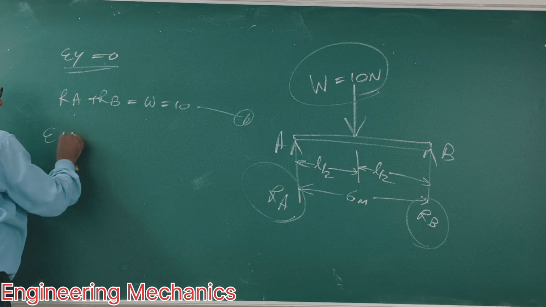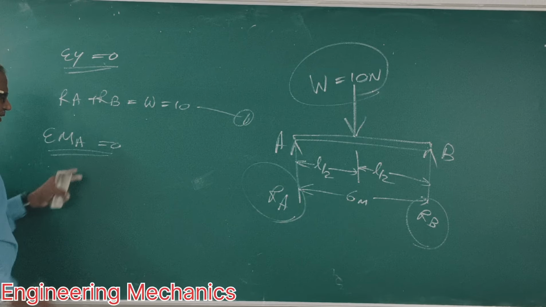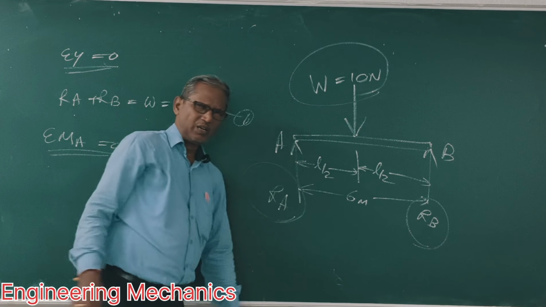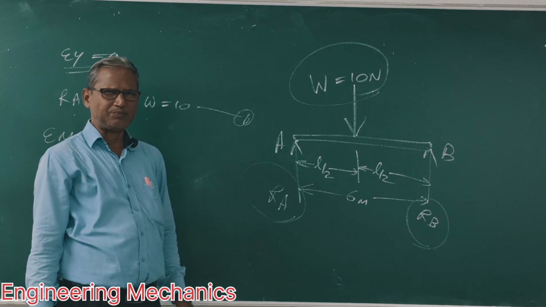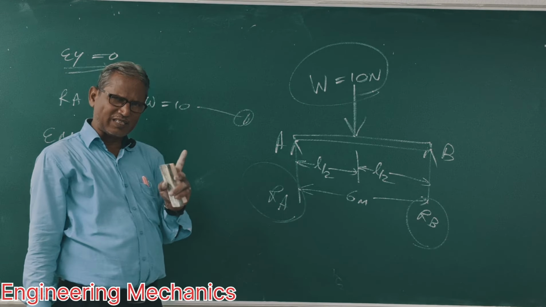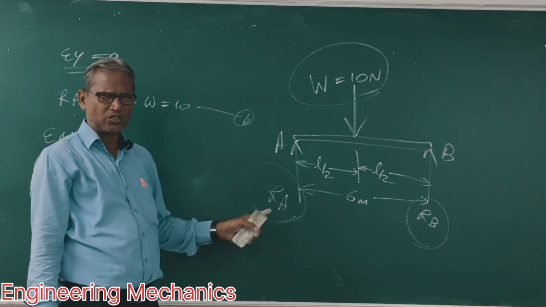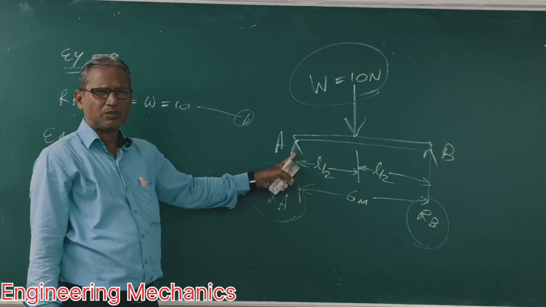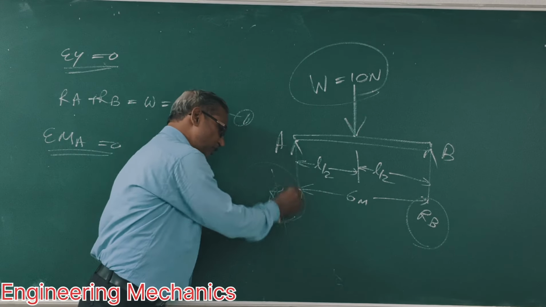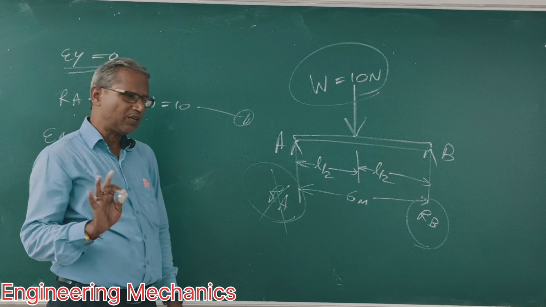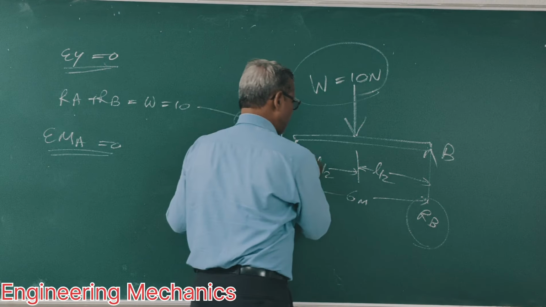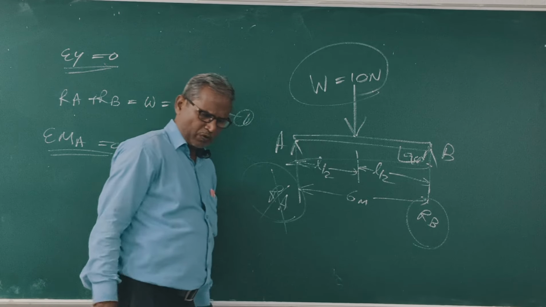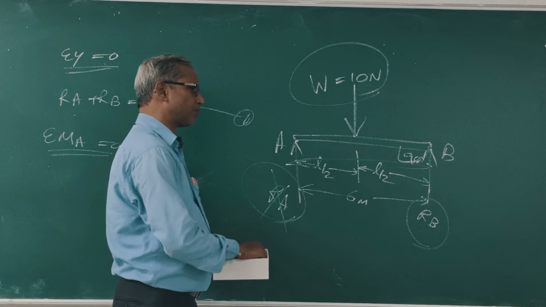Sigma M A. Taking moment about A. RA passes through point A. I told you last class, if the point lies on the line of action of the force, then the moment of that force about this point is 0. RA passes through point A, so its moment is 0. Clear? Now RB. What distance for RB? L. Perpendicular distance. This is perpendicular distance, 90 degree.